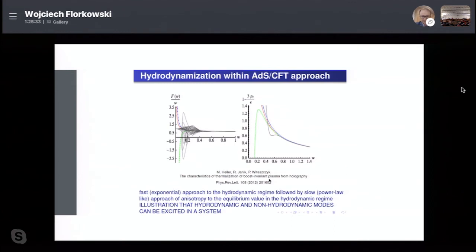But the calculation which follows from the AdS/CFT correspondence shows that the system really approaches hydrodynamic behavior at the moment where the system is anisotropic. Yeah? So this is a kind of proof. Of course, this is not a general proof, but it is an indication that there might be some systems that achieve the hydrodynamic regime in a situation where we really doubt that hydro works.